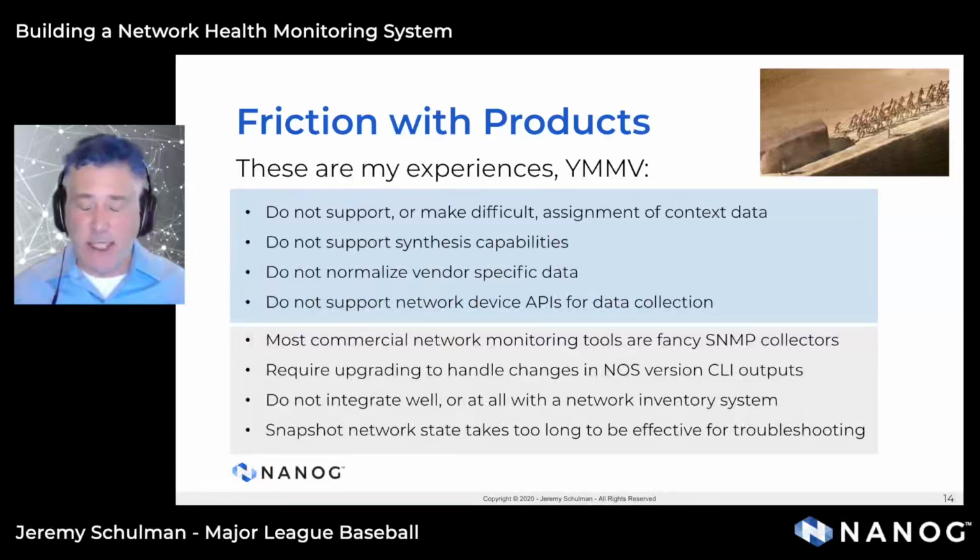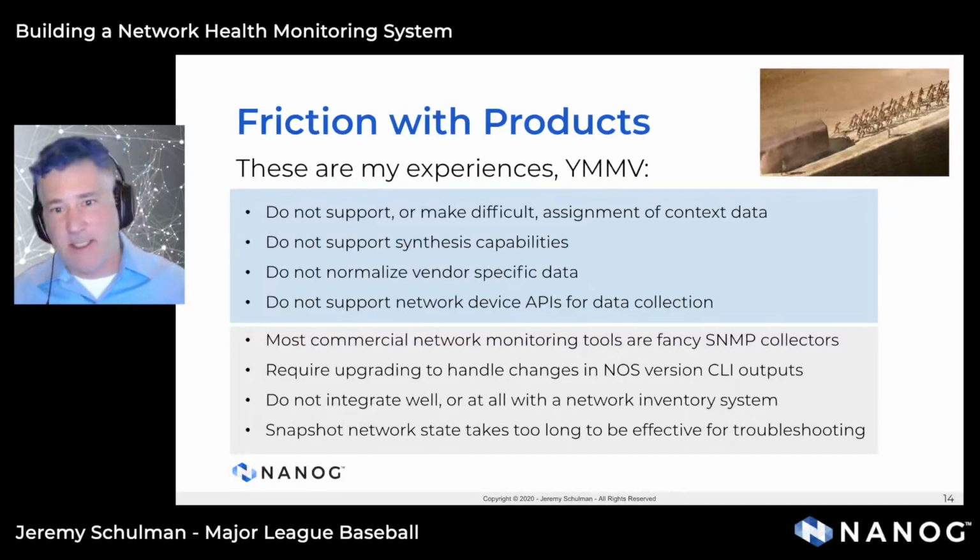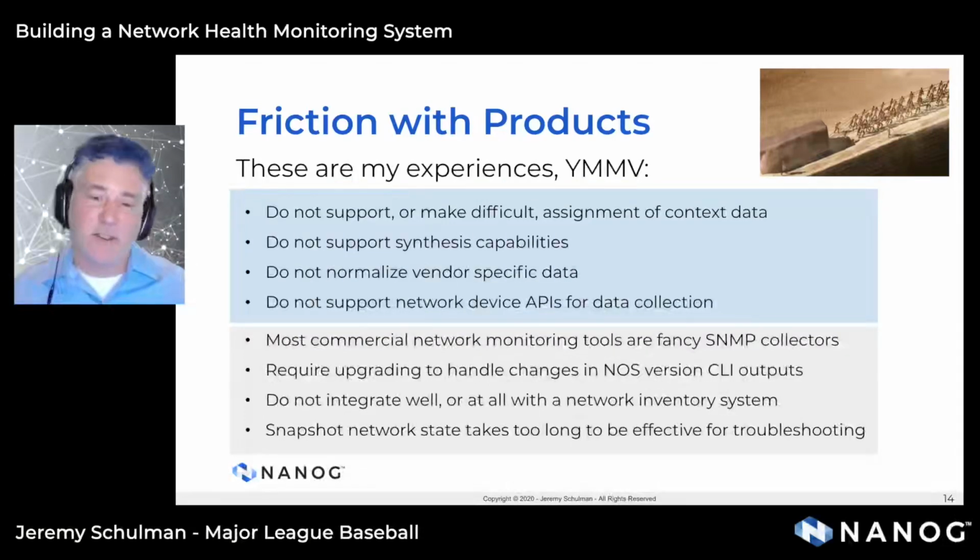But it's challenging because every time we upgrade a NOS and the CLI changes or there's MIB changes, you have to update those SNMP collectors and deal with the change of the operating systems. A lot of these products aren't built to integrate with other inventory systems. So a large part of what somebody like myself would have to do is that kind of glue coding to integrate those systems together.